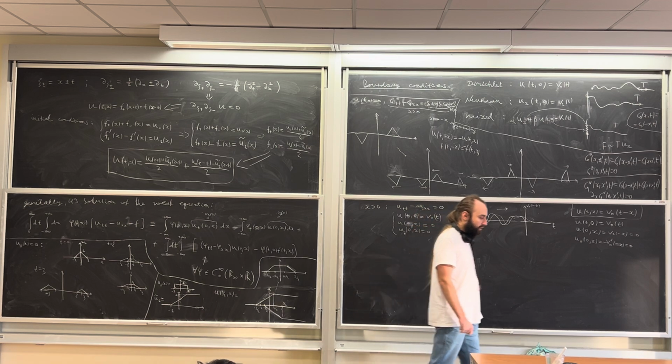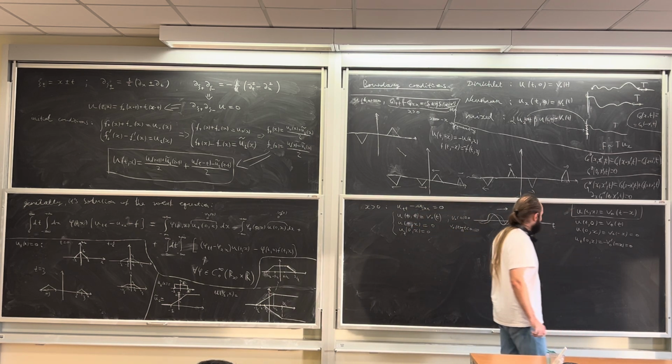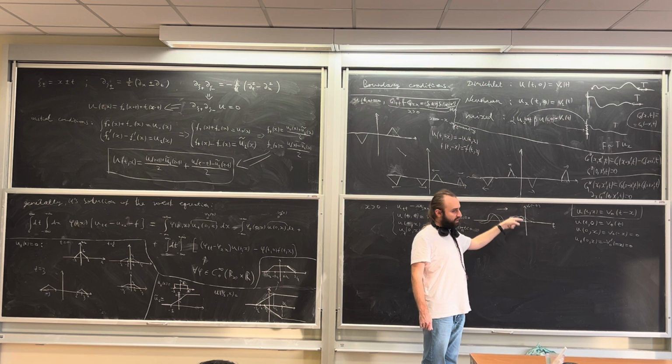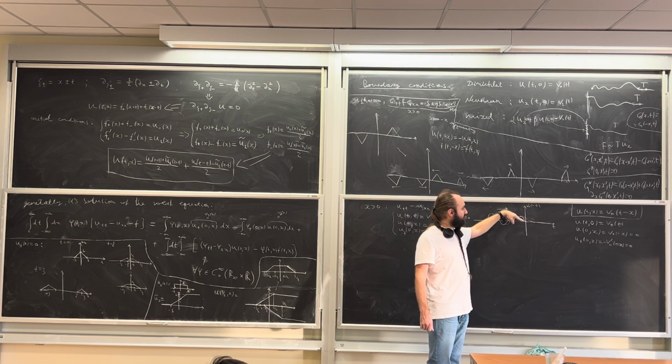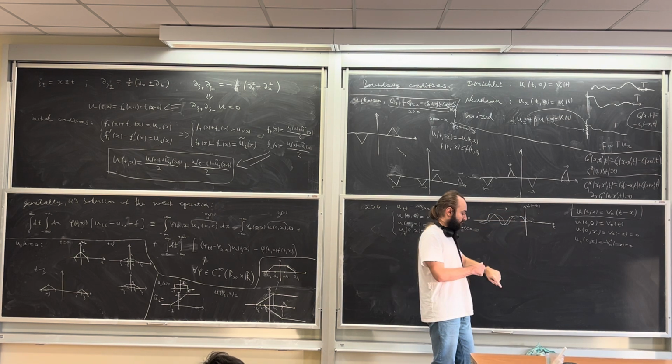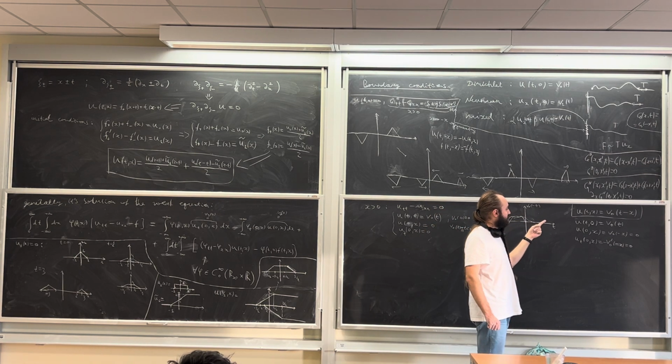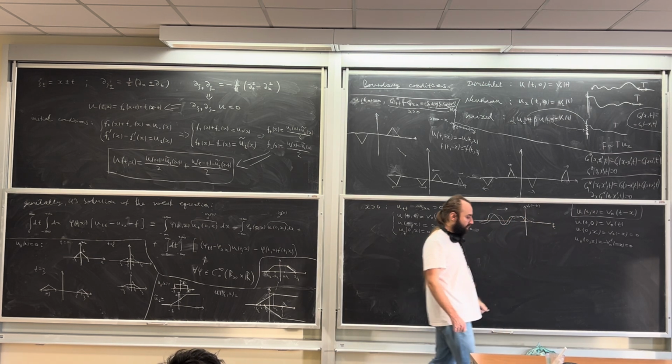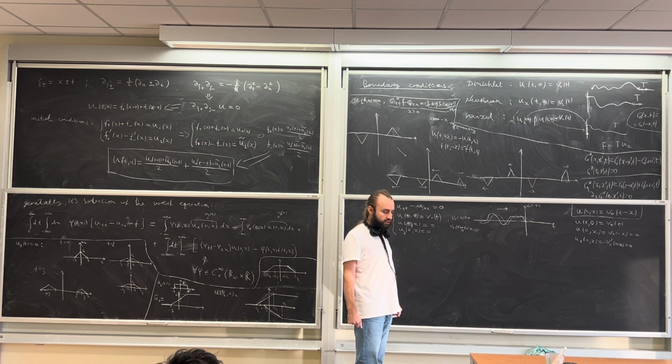We just define it as 0. So it means that if you start to move the left-hand side of the string according to some law v0 of t, then we will see this precise function moving in the positive direction without changing its shape.